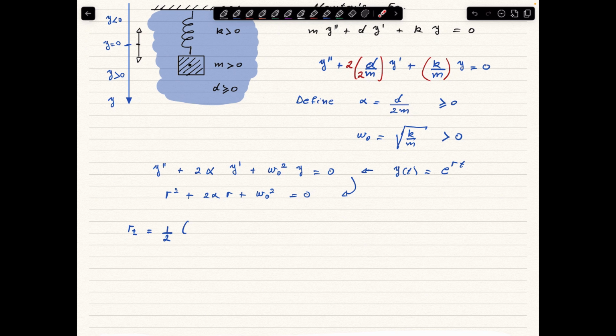with the opposite sign, so negative 2 alpha plus minus the square root of that coefficient squared, so that is 4 alpha squared minus 4AC, so 4 this coefficient and this coefficient, so minus 4 omega 0 squared.